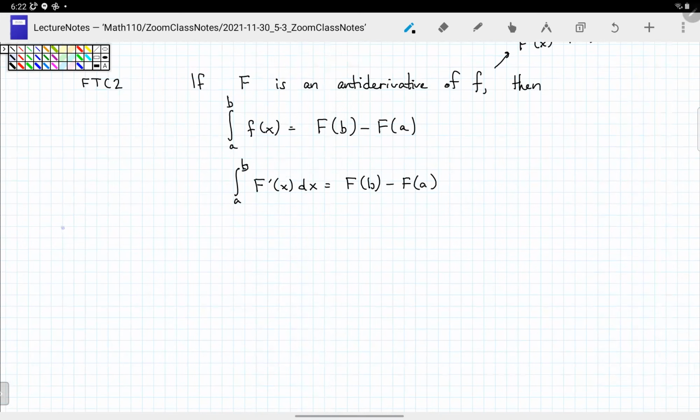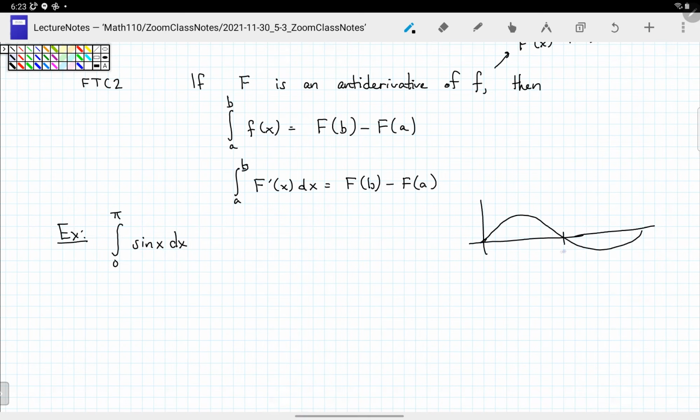So as an example, if I wanted to take the integral from 0 to pi of sine of x dx, now this is going to be the area under the curve of the sine function from 0 to pi, and so it's going to be the area under that first hump of the sine curve.